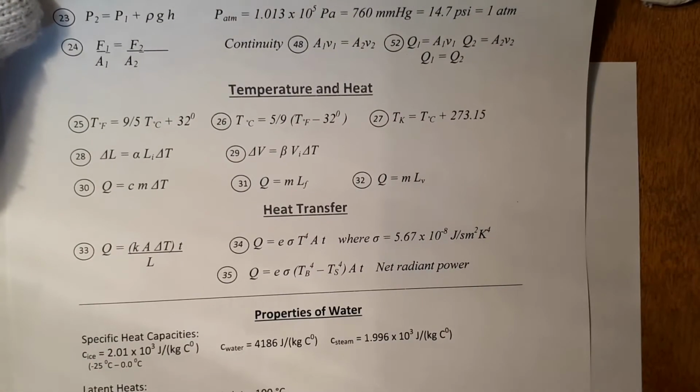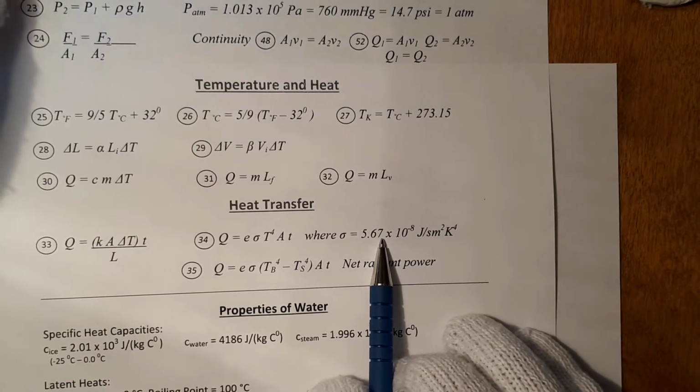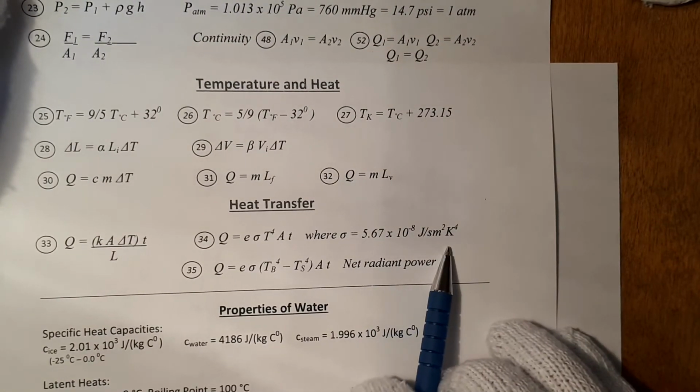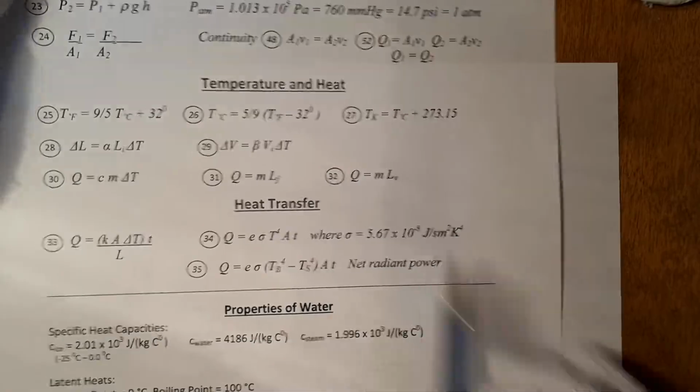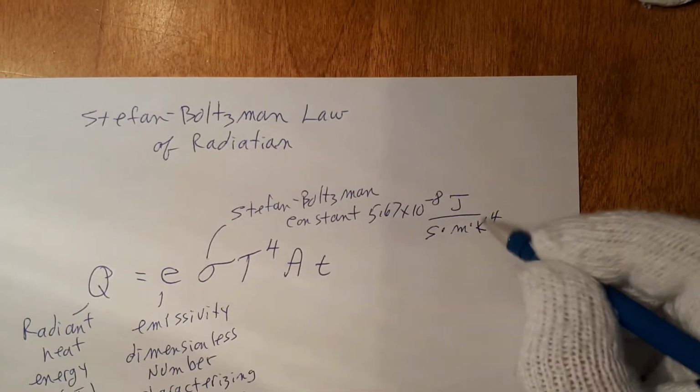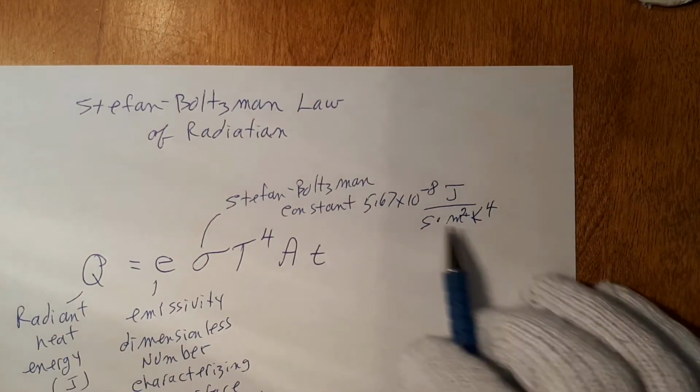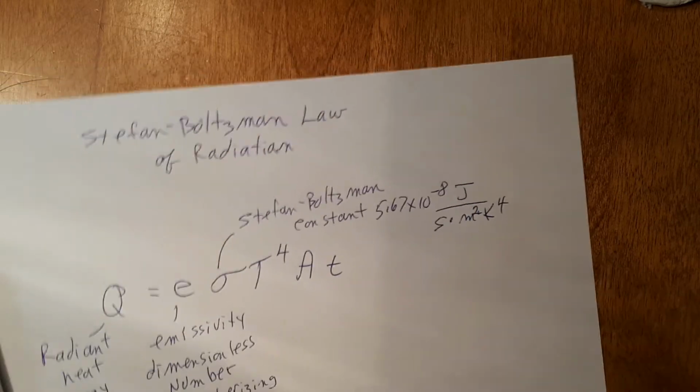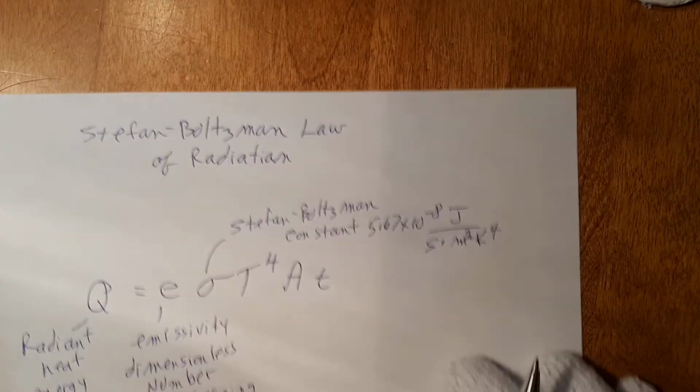This constant is in our formula sheet. Here it is here, sigma. Oh, it's meter squared, my mistake. I'll change that to seconds meter squared, Kelvin to the power of 4.